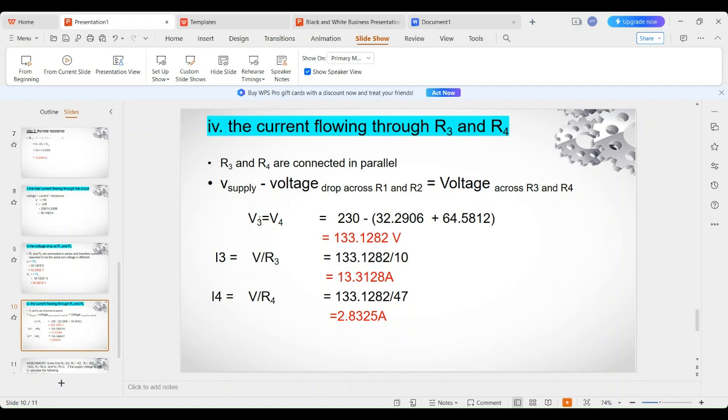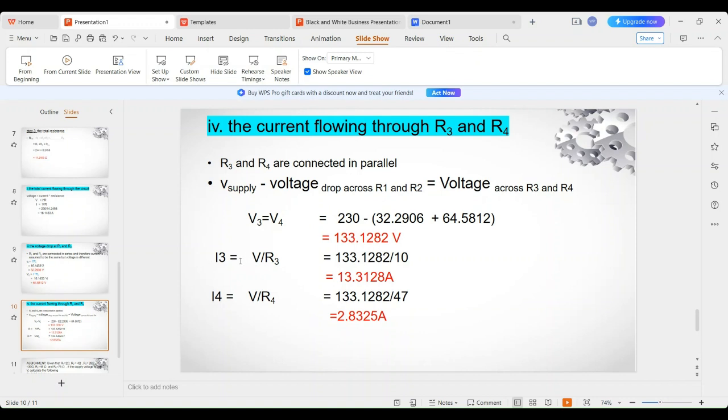So V3 and V4 will be the same since they are connected in parallel. Therefore, we shall get 230 minus V1 plus V2. And that is what we are getting: 133.1282 volts. That is our voltage drop at R3 and R4.